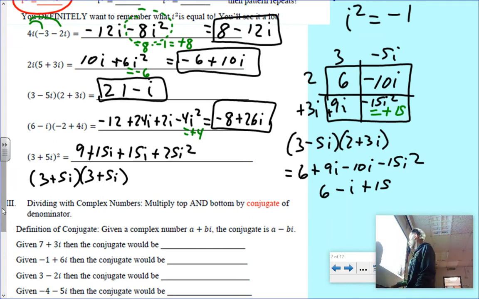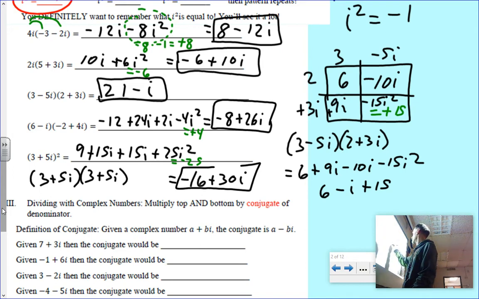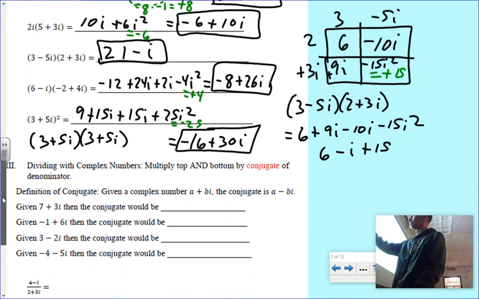But again, remember, this is equal to negative 25. So we'll have negative 16 plus 30i. Okay? So that's multiplying. Again, just remember, always simplify that i squared term.